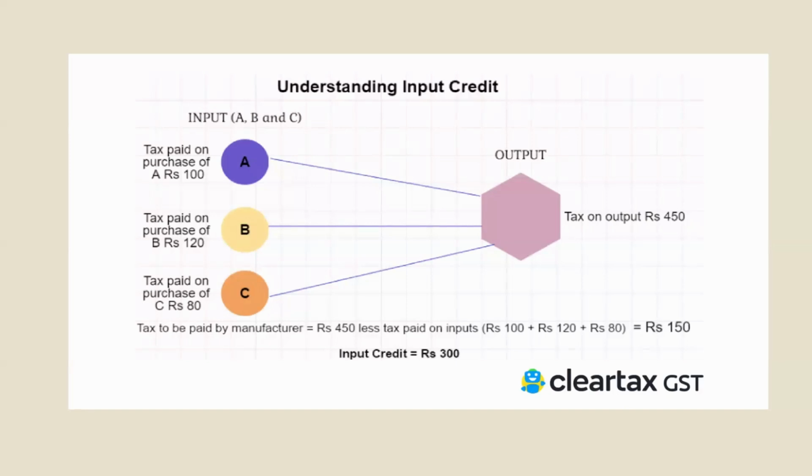Now, this is a person, in the peach color, who purchased these items. 100 rupees, 120 rupees, and 180 rupees is what he paid on the purchases of various goods. So what has he paid? He has paid 300 rupees as tax, which is his input credit.